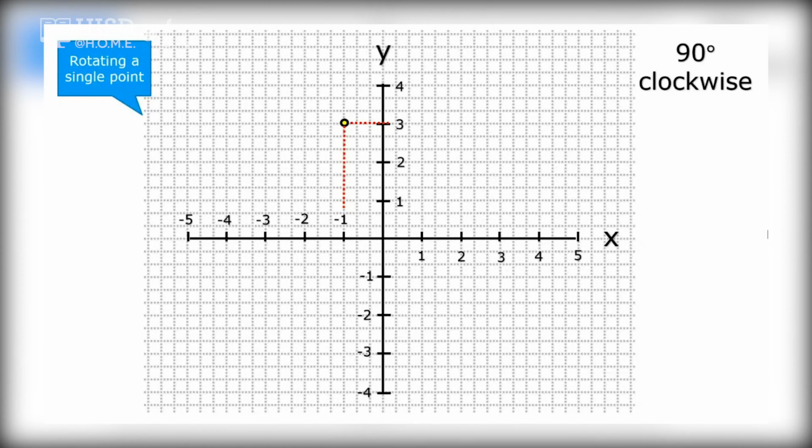So now the coordinate on the y's, which is equal to 3, is going to move to the coordinates on the x-axis on the right side of it. So that means that now the x is going to be equal to +3, and the -1 is now moving to the coordinates of the y's.